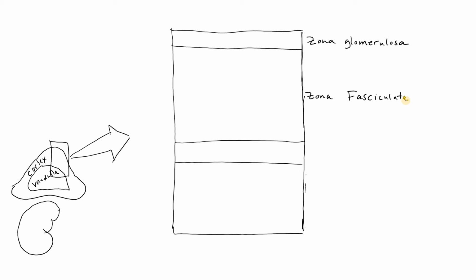Okay, the next layer or zone is the zona reticularis. Okay. What helps me to remember is the G, F, R. Okay, not to be confused with glomerular filtration rate, which is a kidney lab, a kidney function you can do. So the GFR is the glomerulosa, fasciculata, and reticularis. Okay, so what do these zones do?